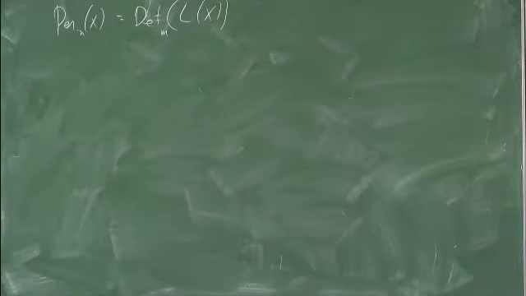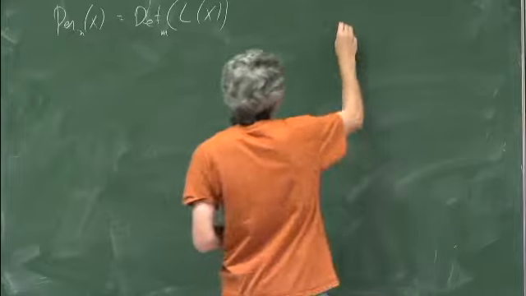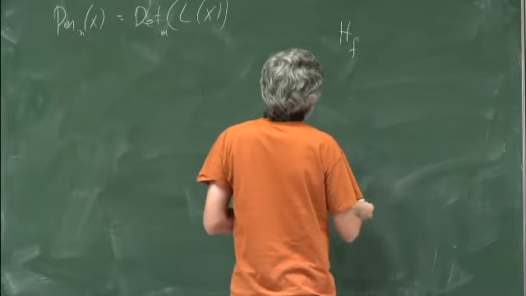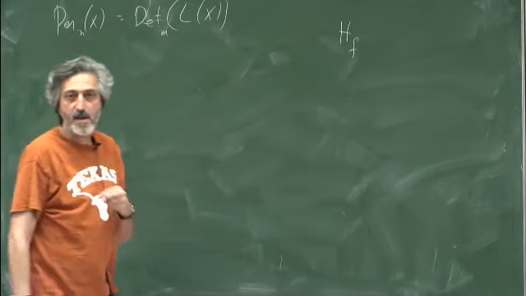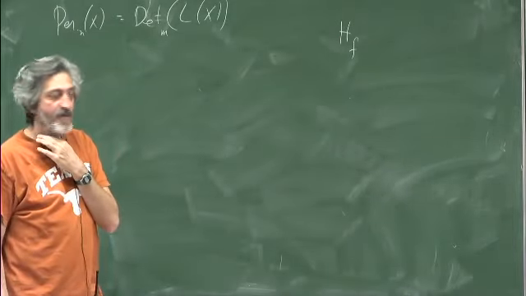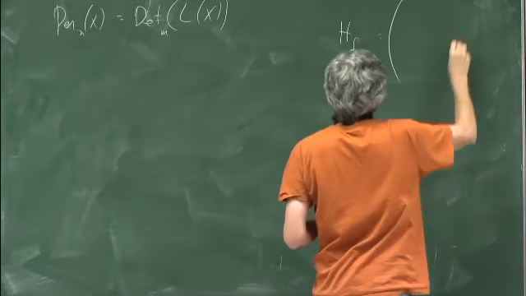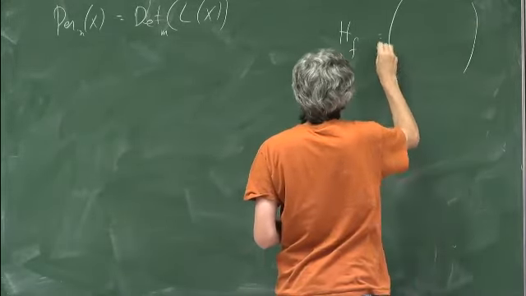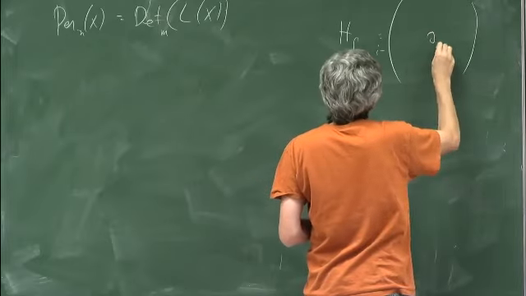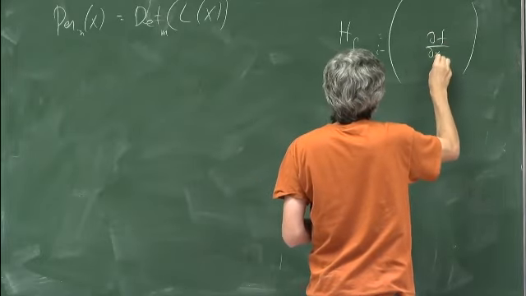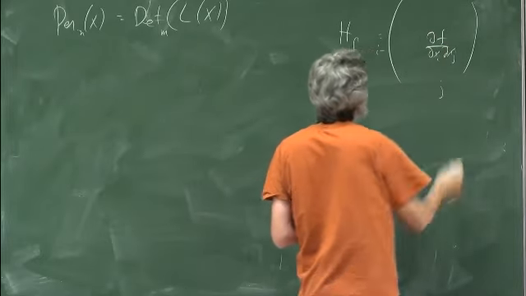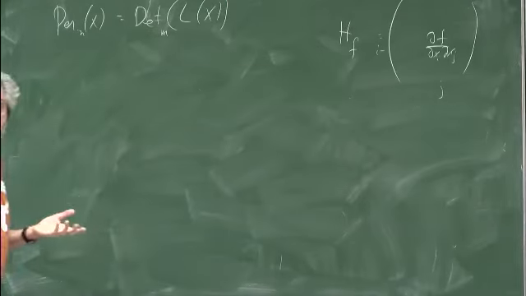Then let H_f be the Hessian of a polynomial f or a function f. What is this? You just write a matrix, if it's on n variables, it's d f over d x_i d x_j. So it's the Hessian of a function. Why is it relevant?